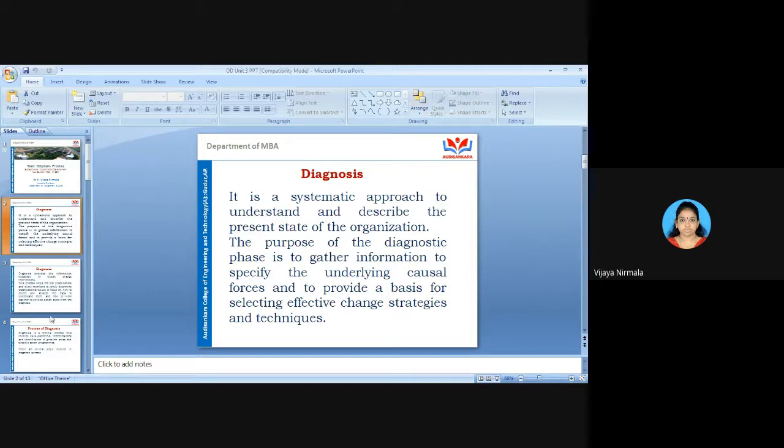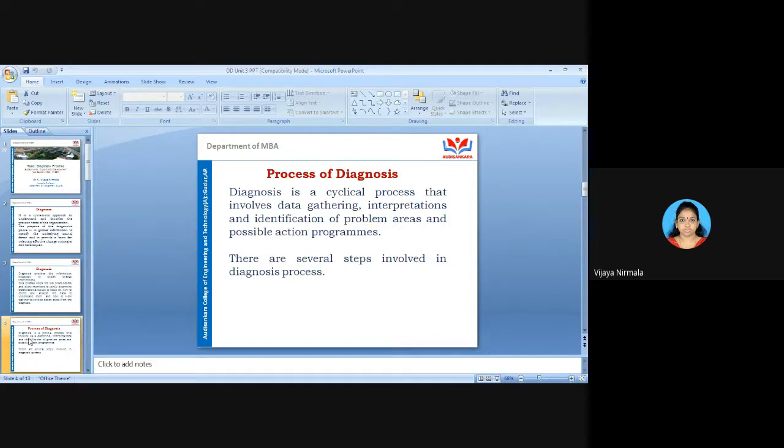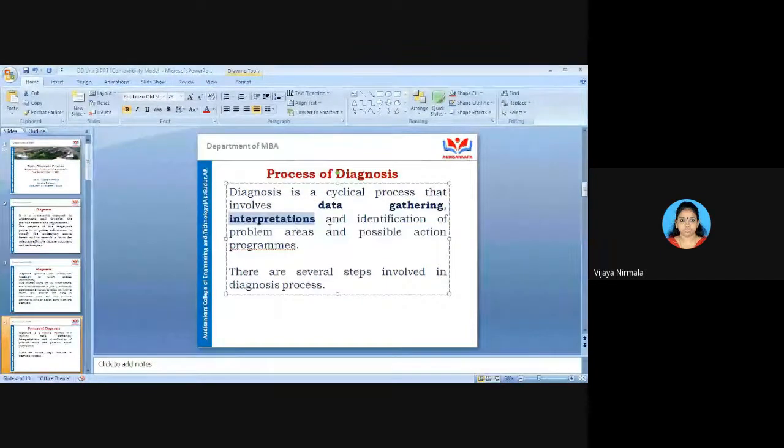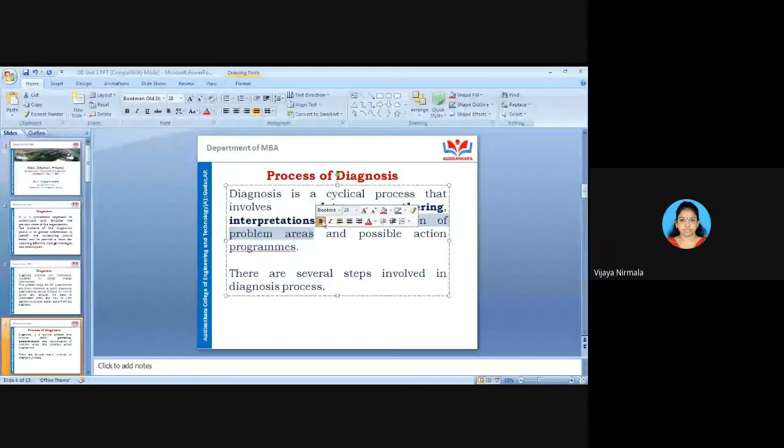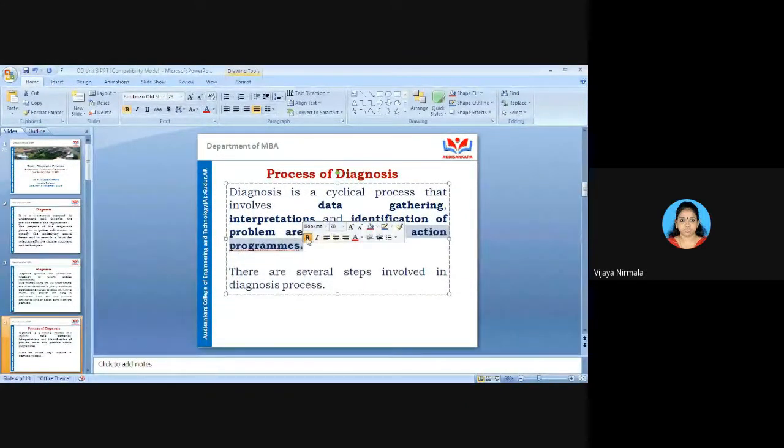Now let us see what the process of diagnosis is. In general, diagnosis is a cyclic process. It is not a step-by-step procedure. It is a cyclic process that involves data gathering, interpretations, and identification of problem areas and also the possible action programs to be conducted.